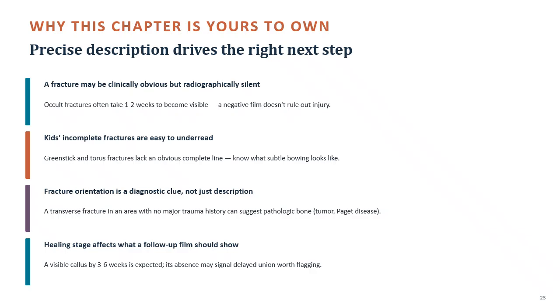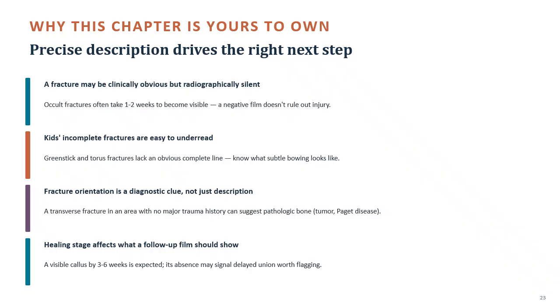Your patient may have focal pain and a strong mechanism of injury, even though the radiographs appear to be normal. As that healing process begins, what we'll see is the resorption of those fracture margins or that callus formation might make that injury a little bit more visible on later images. So this is why a negative first study doesn't always end that clinical evaluation for the patient.